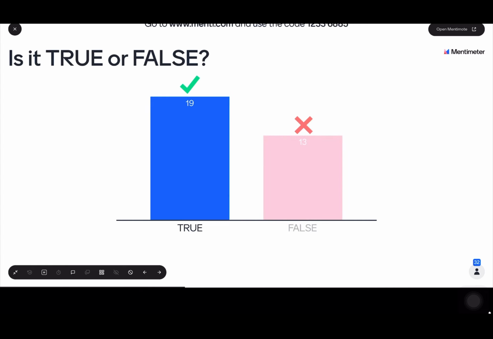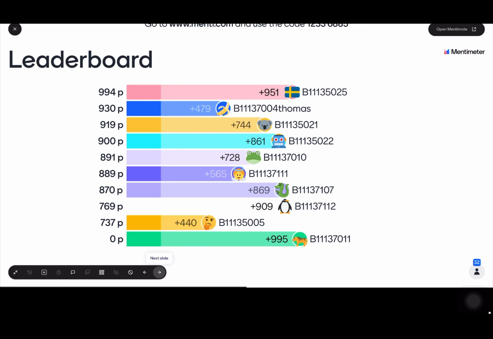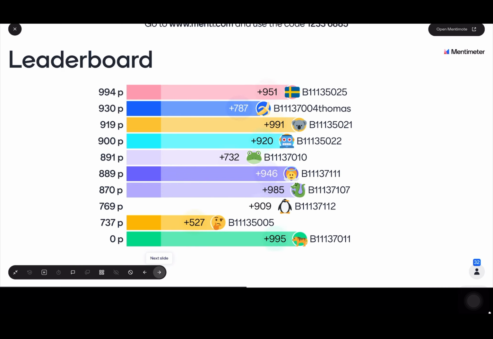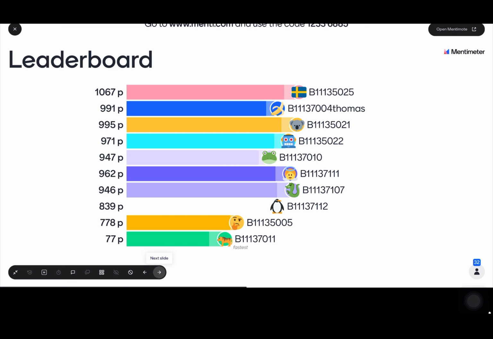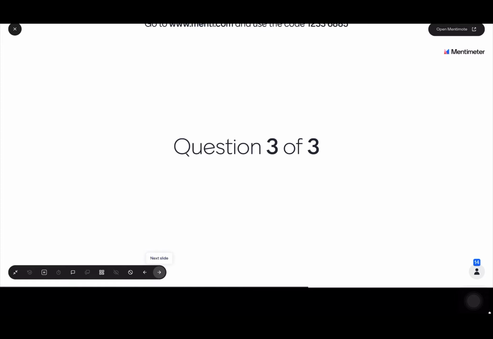Okay, it's true, because it's 1 over x to the power of p, where p is greater than 1, right? Still the same, just changing for a while.